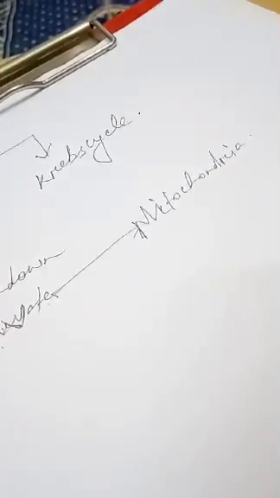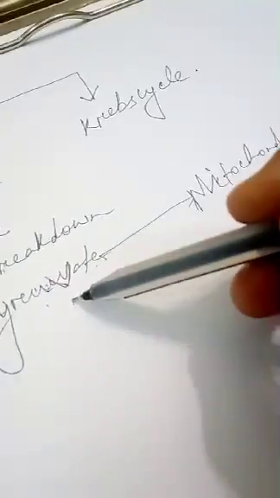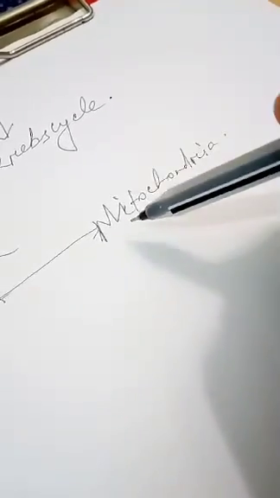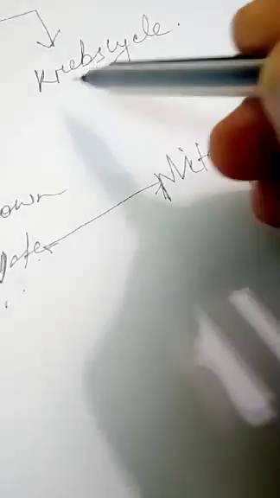It is the powerhouse of the cell because it releases energy. When the 3-carbon pyruvate enters the mitochondria, several steps are carried out, and finally the pyruvate breaks down into carbon dioxide and water and releases some energy. That process is called the Krebs cycle, named after the scientist Hans Krebs, who first observed this phenomenon.